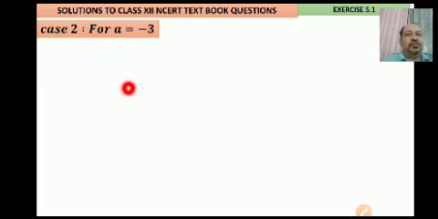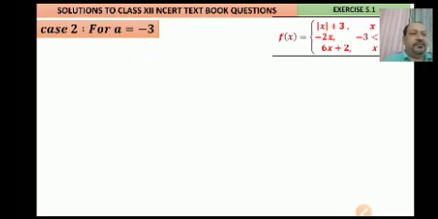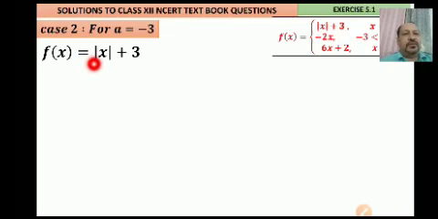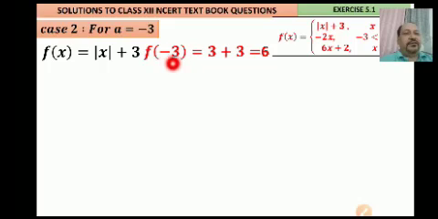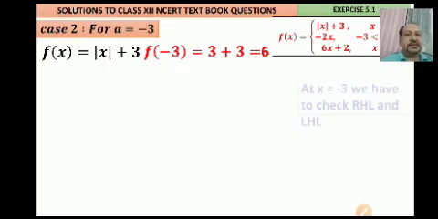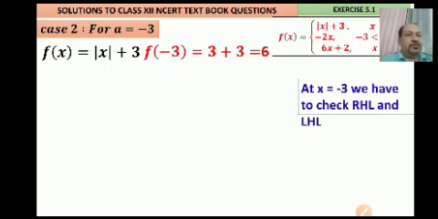Now case 2, for a equal to minus 3, f of x equal to modulus x plus 3. As you observe, for a equal to minus 3, the definition of the function is the same as modulus x plus 3. f of minus 3 equal to 3 plus 3 equal to 6. At x equal to minus 3, we have to check the left hand limit and right hand limit both.